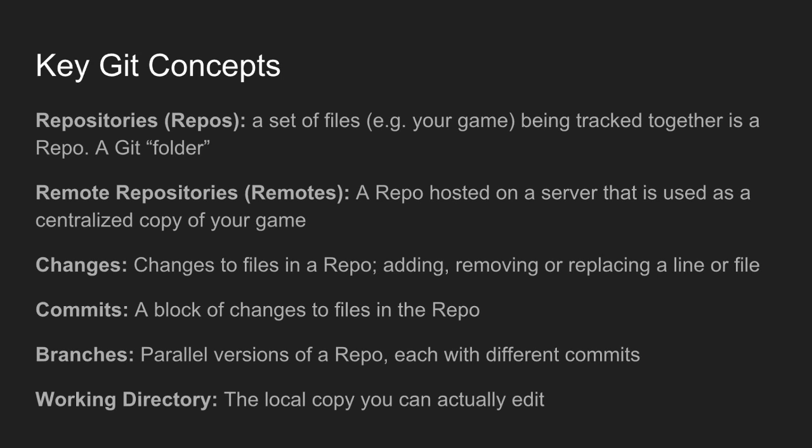Usually one piece of software or one game has a repo that goes with it. You can also think of each repo as being a folder, because in a certain sense they literally are folders of files that are being tracked as part of Git.